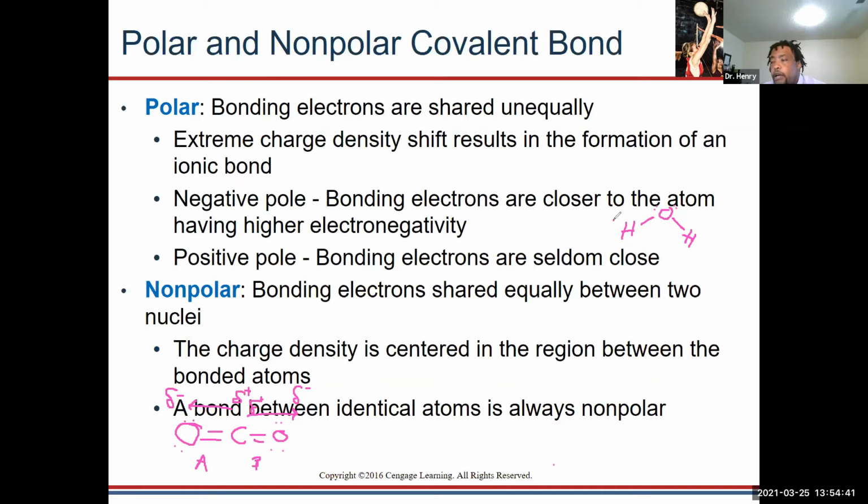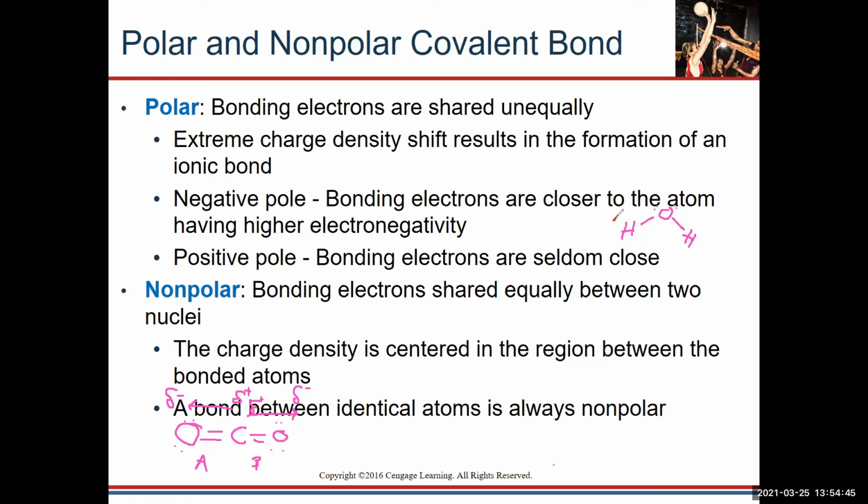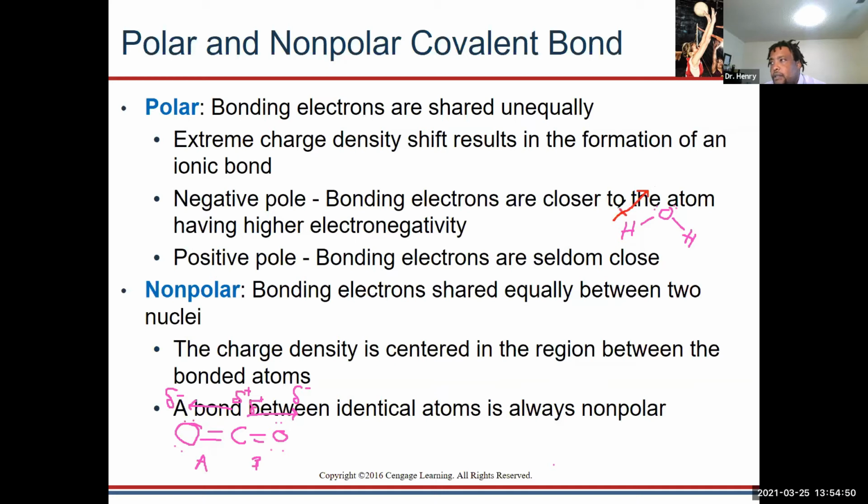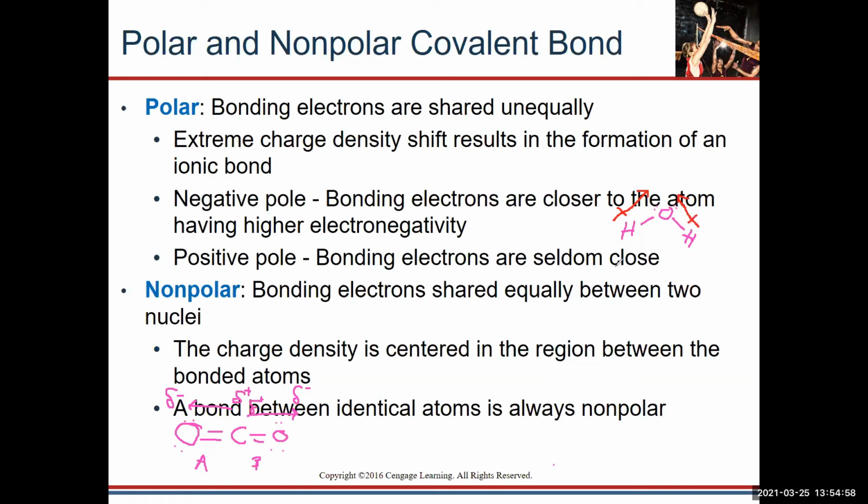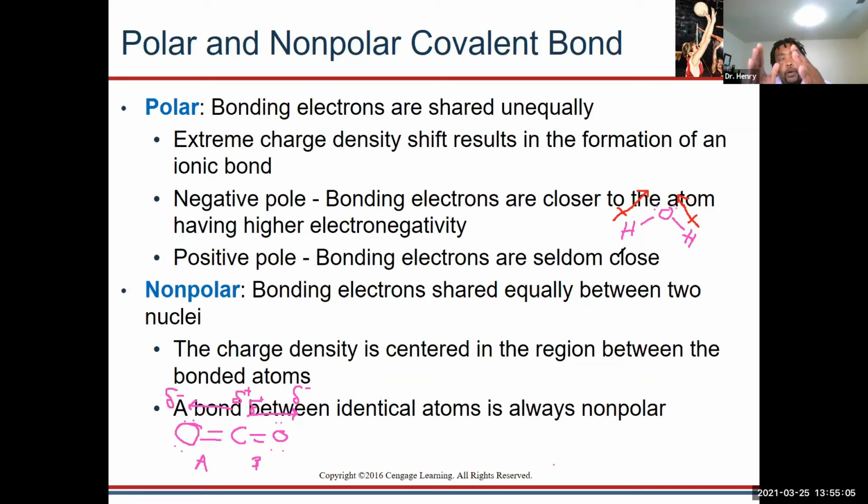It's polar. Who's going to be favored? Oxygen is going to be favored. And that's the same thing that's going to happen here. So if we look at molecular polarity, is anybody going to be favored? No, it's oxygen that's going to be favored, right? Because both of them are going towards oxygen.